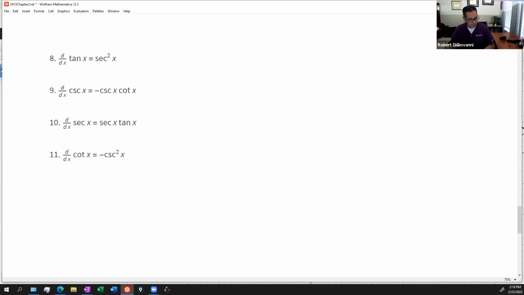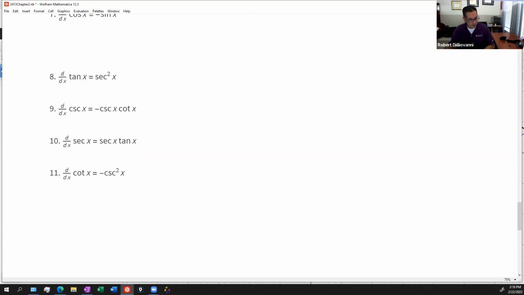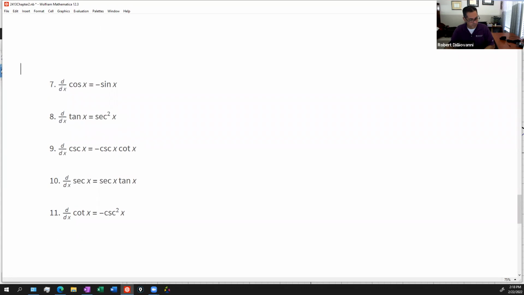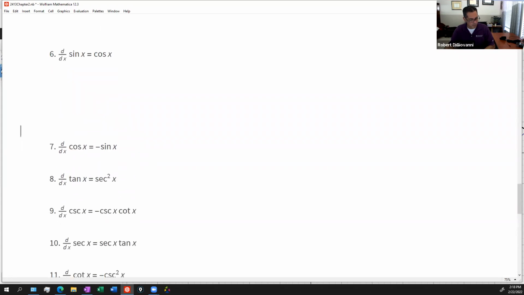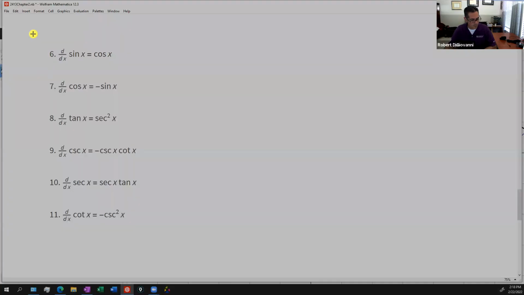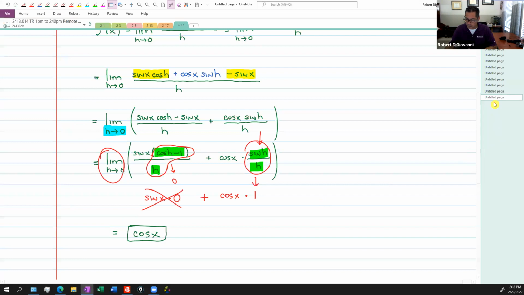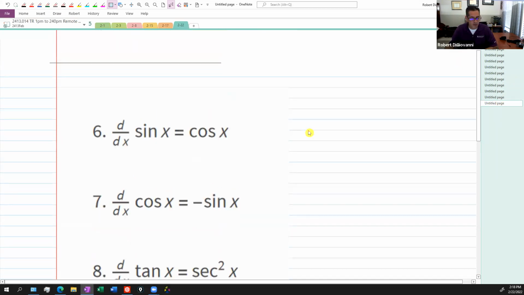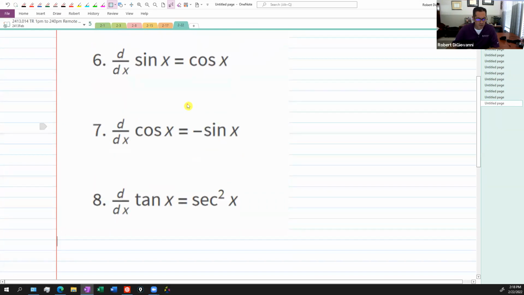Here, let me bring these up. I'm going to get them all together here. These are all on your formula sheets, by the way. Okay. Yeah, I think I should show you the formula sheet real quick.